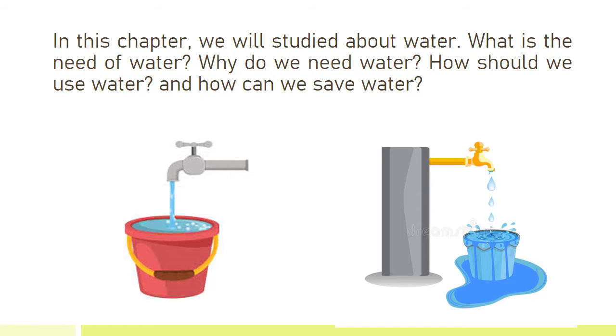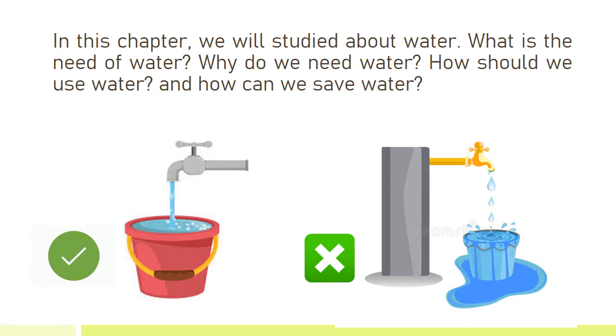Before starting the chapter, I want to ask you something. Look at the picture carefully. What do you see in this picture? Yes, the tap is on and the water in the bucket is full.